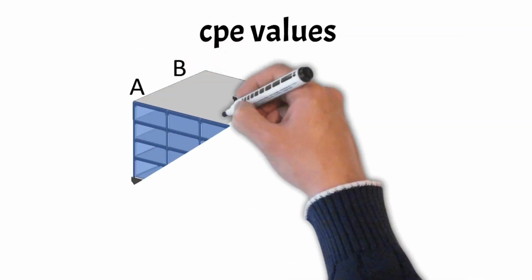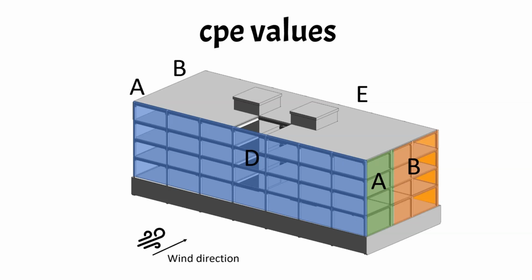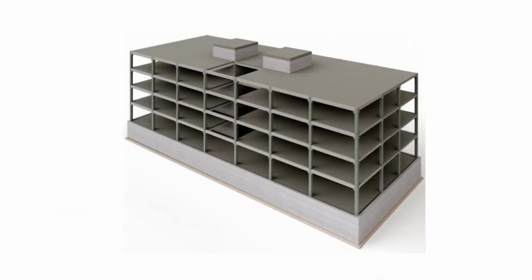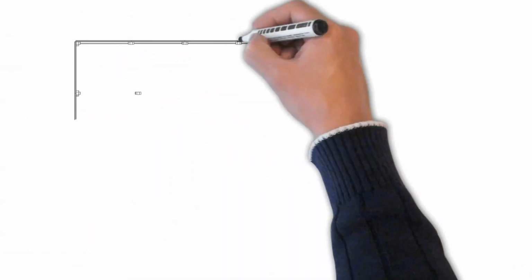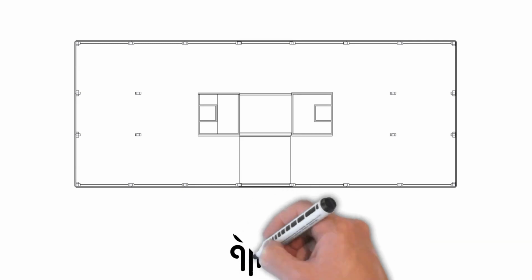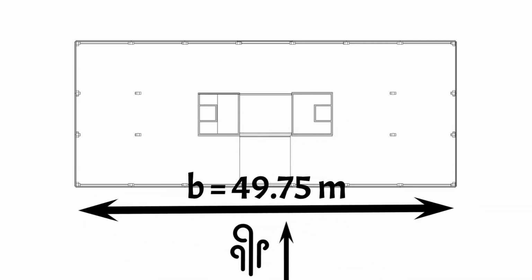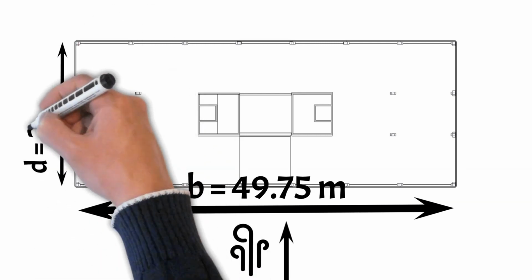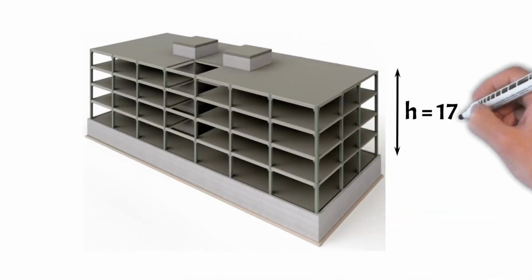Eurocode gives values of CPE for 5 different areas: A, B, C, D, and E of our building. The size of the areas depends on whether the wind comes from the front or the side. For our office building, we can define the geometrical parameters for wind from front as width of the building B equals 49.75 meters, length of the building D equals 20.2 meters, and the height of the building H equals 17.1 meter.